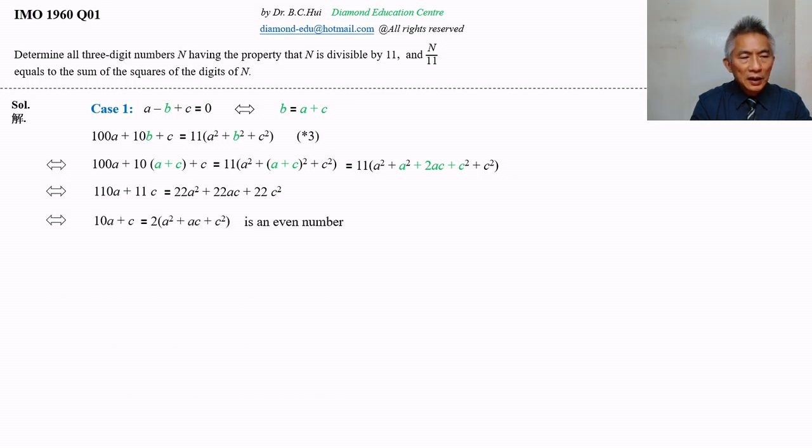Now we see that 10a plus c equals 2 times open bracket a square plus ac plus c square close bracket, so it is an even number. We call this equation 4. If 10a plus c is an even number, then c as an integer must be one of the integers 0, 2, 4, 6, or 8.